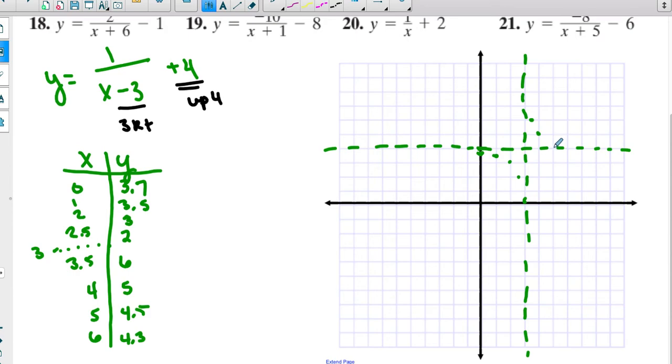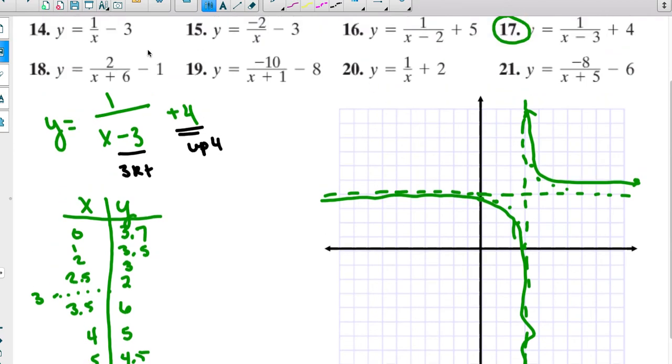We have 5 and 4.5, and we have 6 and 4.3. So the branches are going to be looking something like this. Close. Better than I thought. Whoops. Okay, so something along those lines.